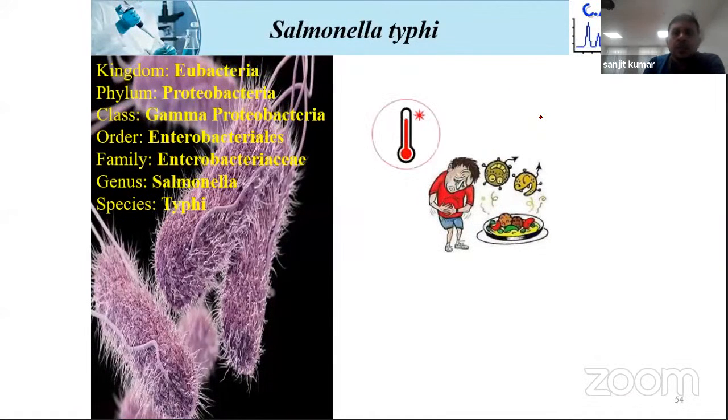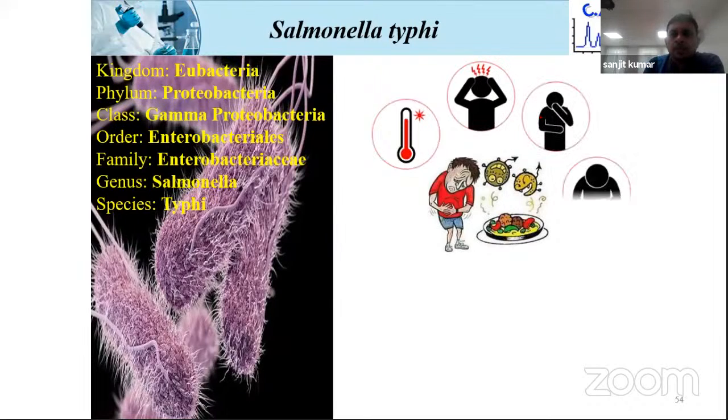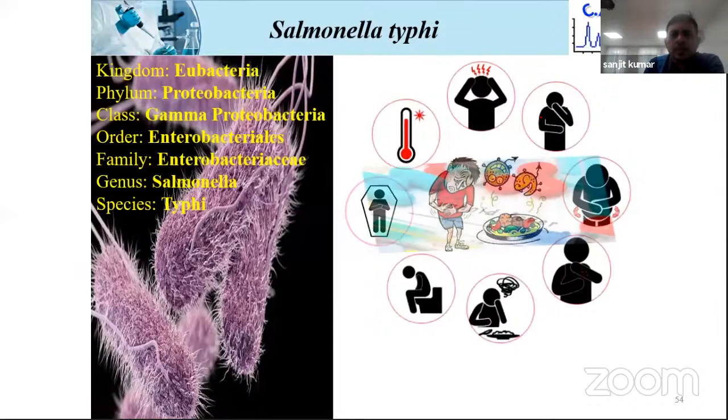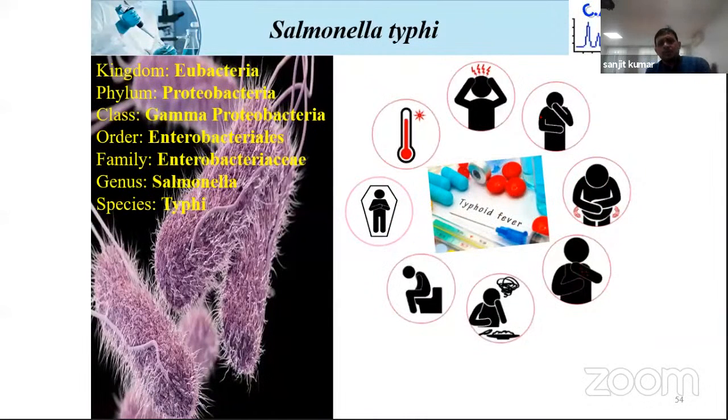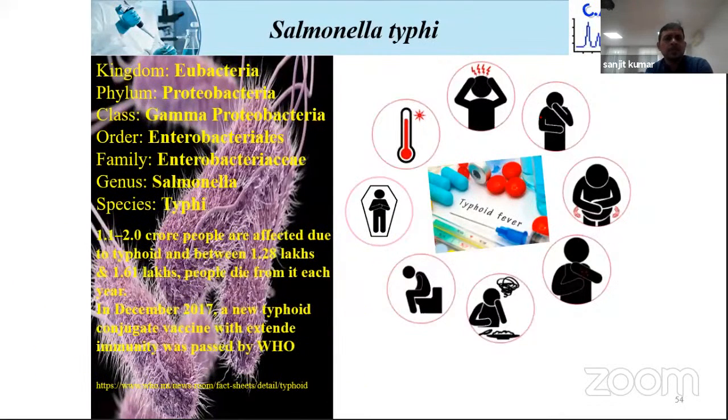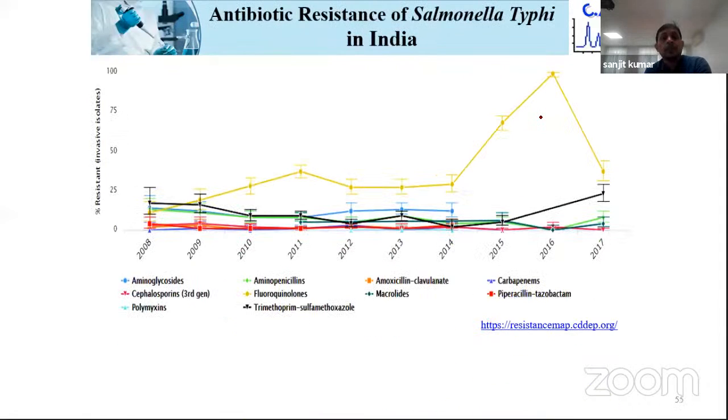And these are the typhoid fever symptoms, various types of symptoms in typhoid, and it is caused by water contamination and other contamination. The most significant problem with this species, Salmonella typhi, that we are seeing is that it is drug resistant. And this is from the ICMR site.